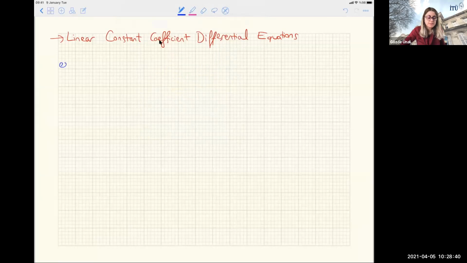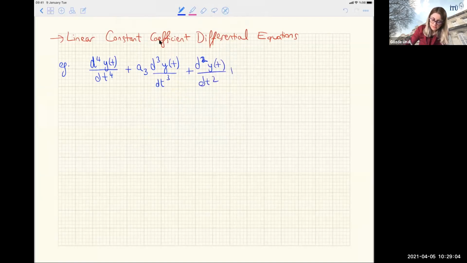So for instance, this is an example. Plus, remember, this is defining a differential equation, d squared y of t by dt squared plus, I mean, this should be an a2, there should be an a2 here.